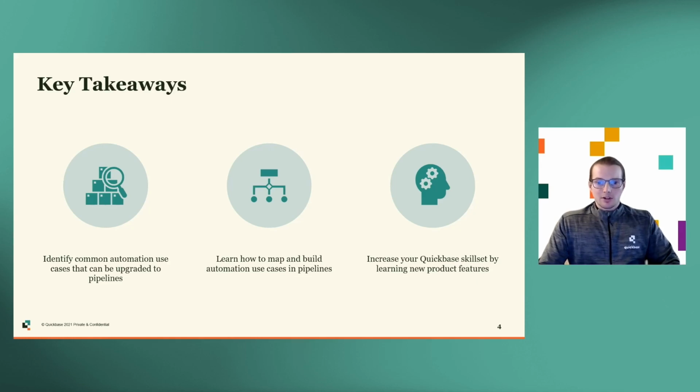We want to learn how to map out and build those pipelines and achieve a lot of the same things that we can do with automations, and then actually go beyond that as well. By the end of the session, we're hoping that we really increase your knowledge and understanding of pipelines, and sharpen that Quickbase tool set that you have.